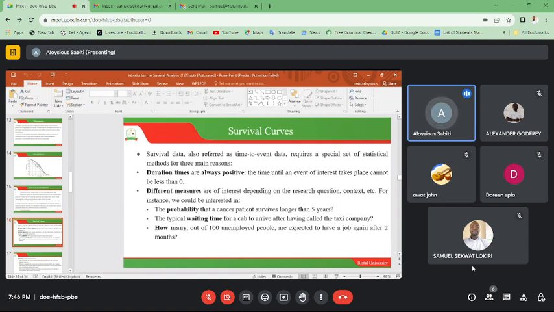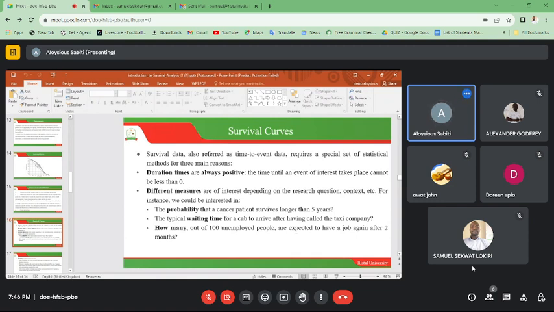Secondly, different measures are of interest depending on the research question, the context, among others. For instance, we could be interested in the probability that a cancer patient survives longer than 5 years. Or we could be interested in the typical waiting time for a cab to arrive after having called a taxi company.